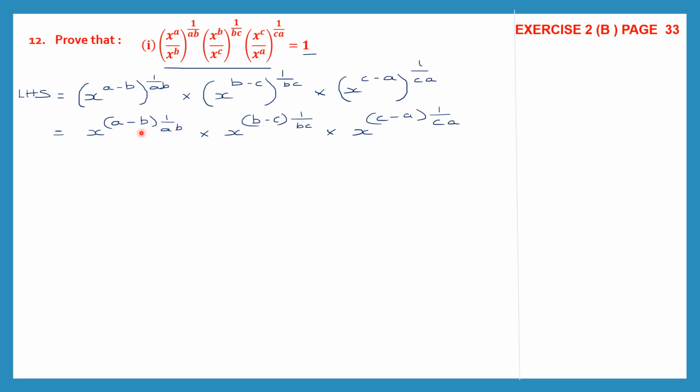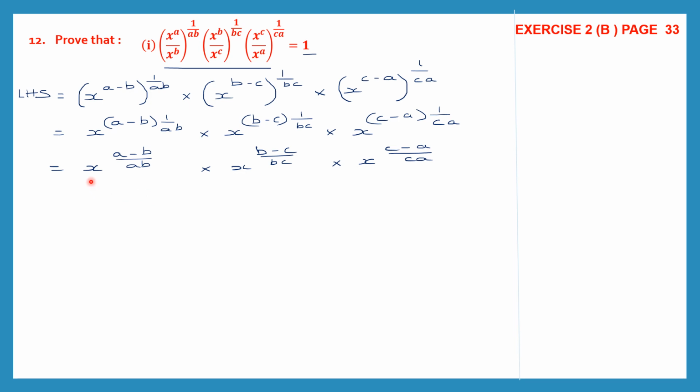Now when you multiply this, a minus b into 1 is a minus b. So we can write this as x to the power of a minus b by ab into x to the power of b minus c by bc into x to the power of c minus a by ca.